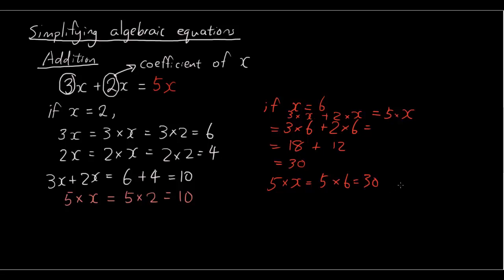So it also works. It has worked for when x is 2, and when x is 6. You can try an unlimited number, see if you can prove that 3x plus 2x is not 5x. If you can prove it with a value of x, then you have done something extraordinary.